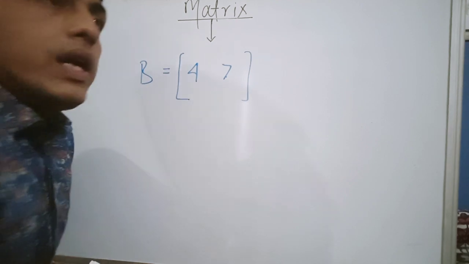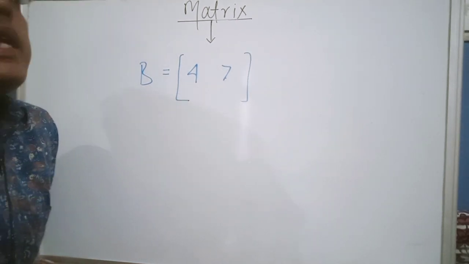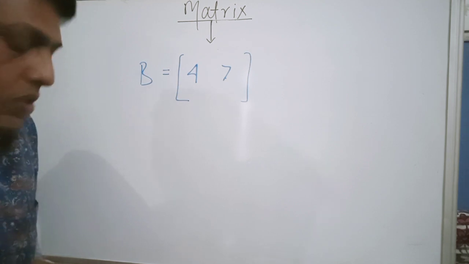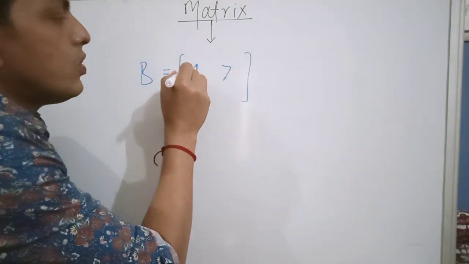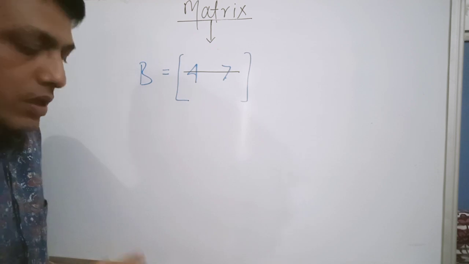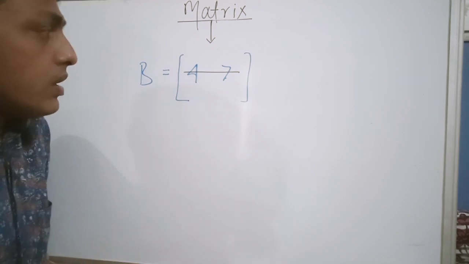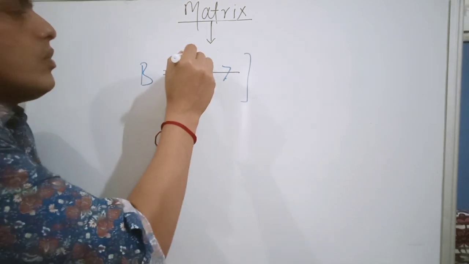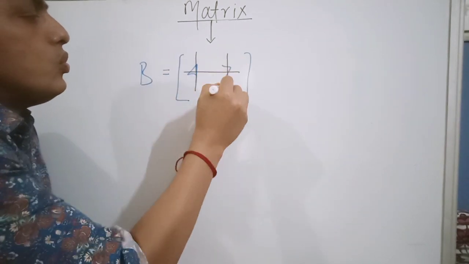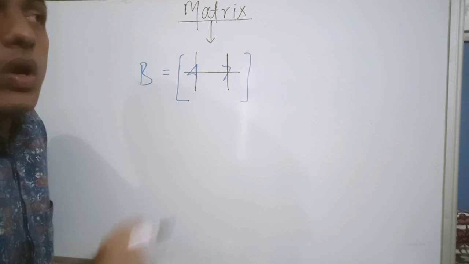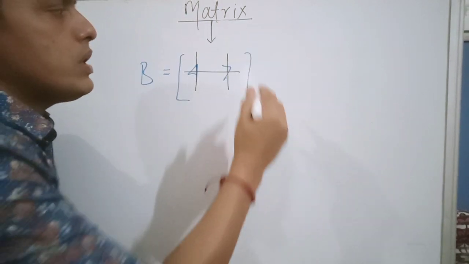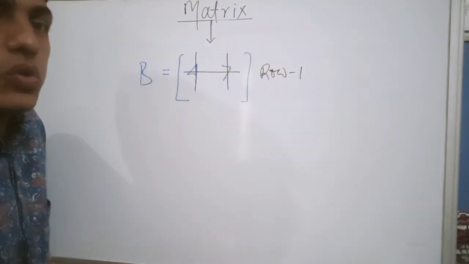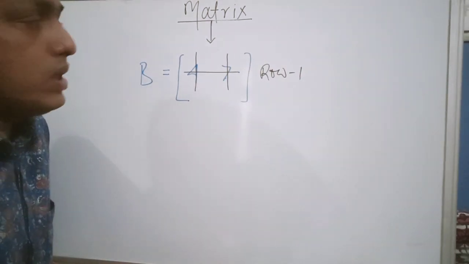Now we have to find how many horizontal lines and how many vertical lines are used. See, horizontal line 1, vertical line 2. If horizontal line is 1, so number of rows is 1.